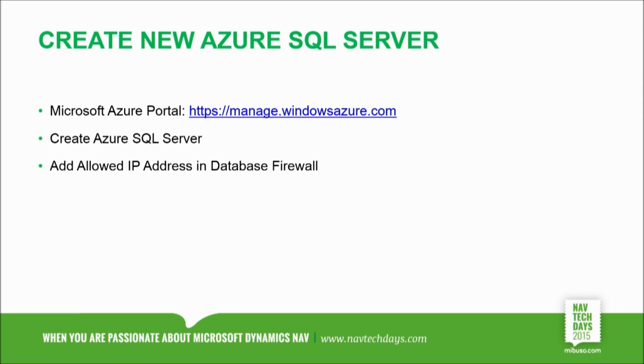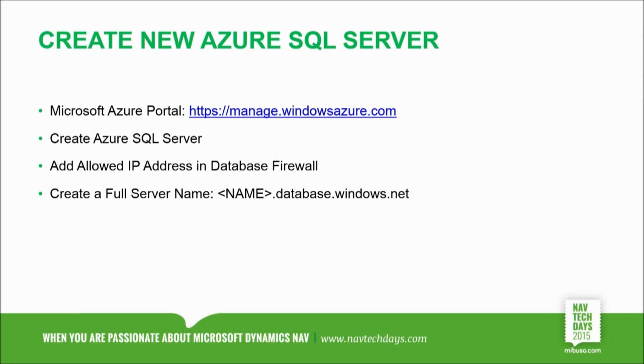and after that we have to make some specific configuration. We need to add the IP address of our computer to the database firewall for security reasons. SQL on Azure must know that you are allowed to use this database.